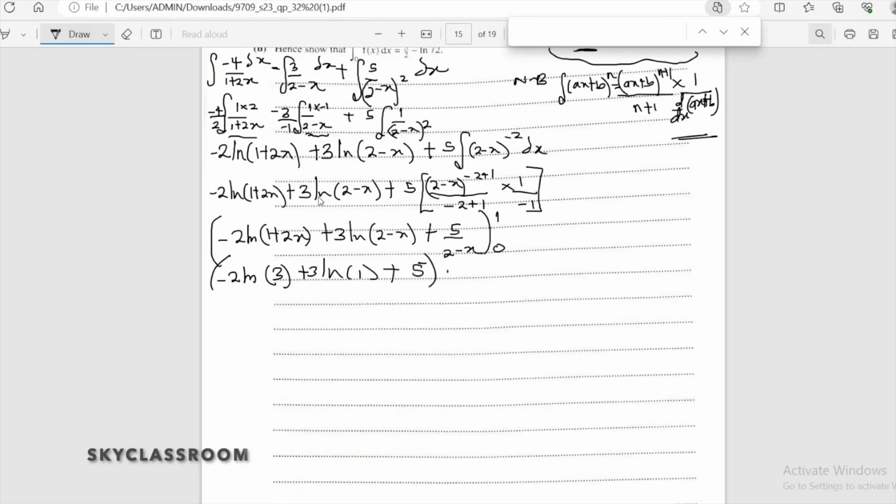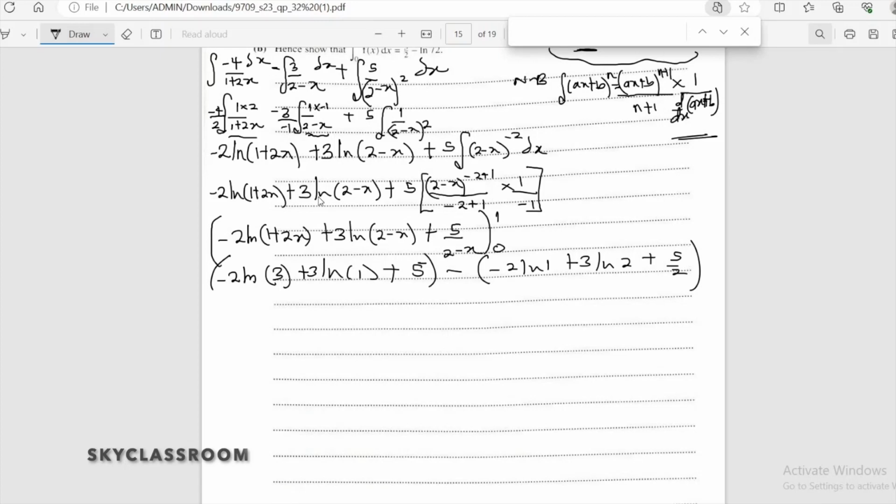You now subtract from it the value when x is 0. When x is 0, that will be minus 2 ln 1 plus 3 ln 2 plus 5 over 2.